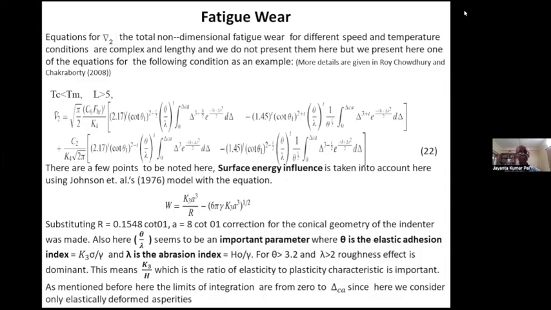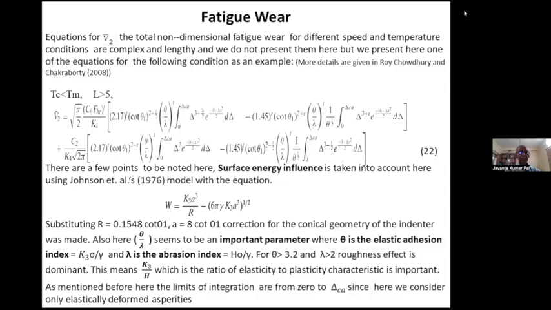Here, surface energy is taken into account using Johnson's equation given in Johnson et al. paper in 1976 with a hemispherical model, hemispherical asperity, given by W, the load, equal to K3 a cube divided by capital R minus the square root of 6 pi gamma K a cube.